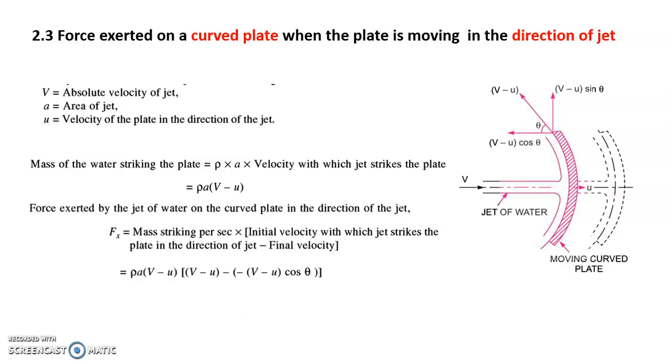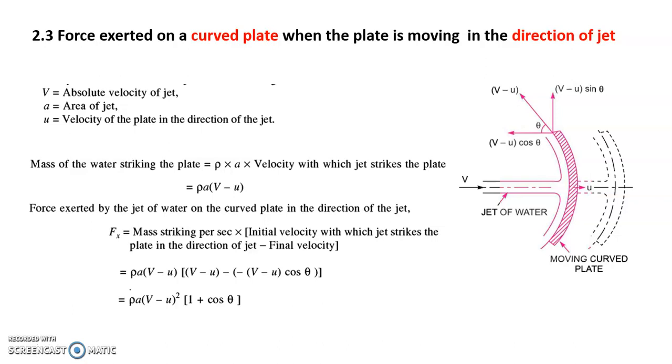Mass per second is ρ a (V − u), the initial velocity before striking is V − u. It's not V or u, it is V − u, purely horizontal. After it strikes, the velocity component in the x direction is (V − u) cos θ with the negative sign. Ultimately, if you simplify, you'll get Fx = ρ a (V − u)² (1 + cos θ).